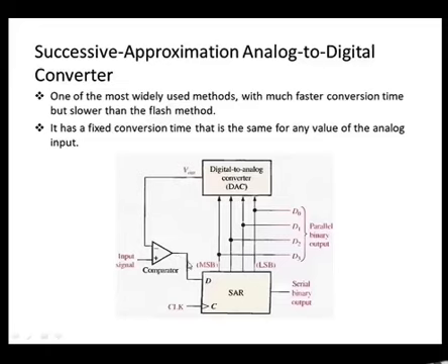This comparator produces an output that indicates whether the input signal, this one, is greater or less than the output of the DAC. If the DAC output is greater than the input signal, the comparator output is low, causing the bit in the register to reset. If the DAC output is less than the input signal, the one bit is retained in the register. After all the bits of the DAC have been tried, the conversion cycle is complete.